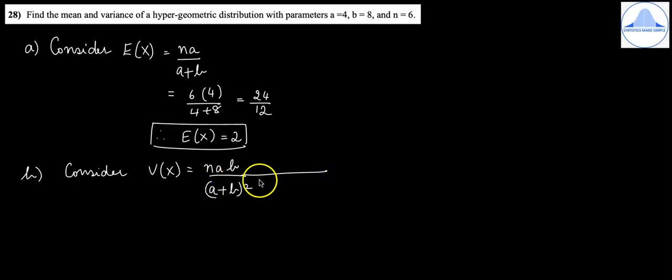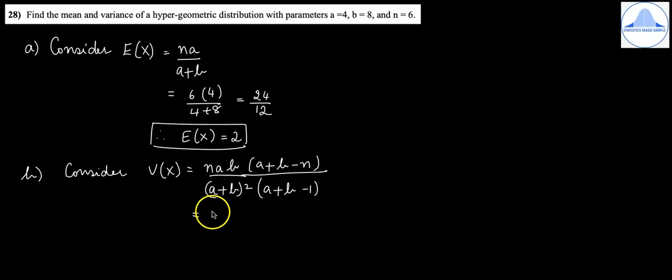Now there are additional two terms in the numerator and denominator. So here you have a plus b minus n, and the same will come in the denominator as a plus b minus 1. So this is an important formula to remember, especially the variance. Sometimes this can come as a 2-mark question as well.